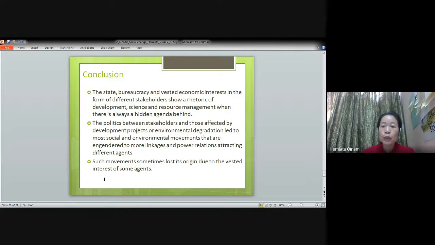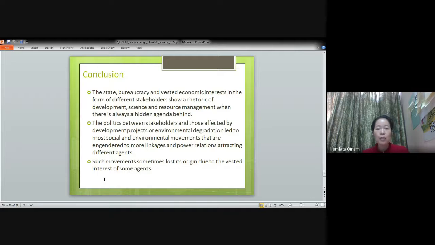So in conclusion, what I want to mention here is that state bureaucracy and people with vested economic interest, in the form of different stakeholders, show a rhetoric of development, science, and resource management when there is also a hidden agenda behind it.